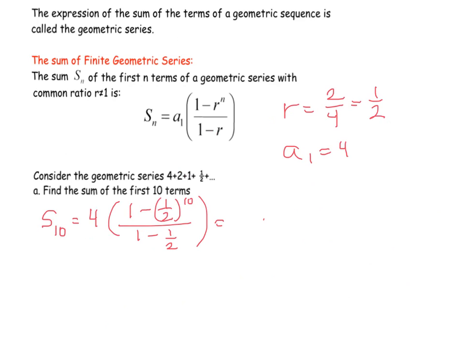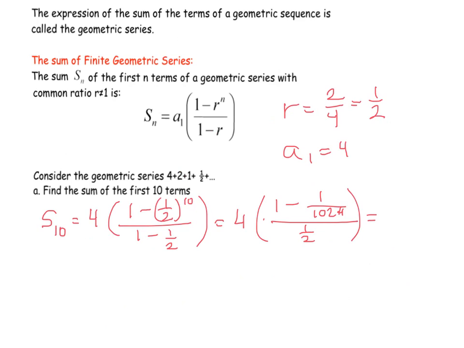So I'm going to start the simplifying process. This will be 4 times 1 minus 1 over, let me see what 2 to the 10th power is, 1024, 1 over 1024, divided by 1 minus 1/2, which is just 1/2.